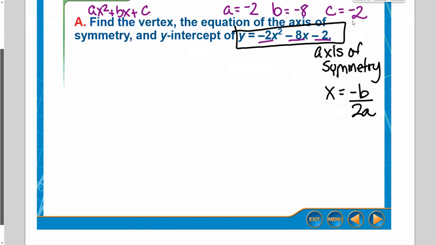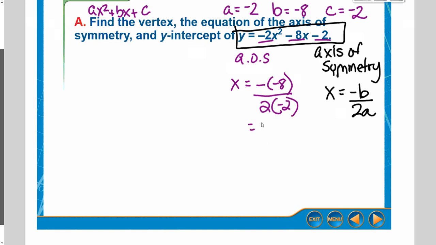So now that we know that, we can plug it in and calculate our axis of symmetry. I've got -(-8). Remember, always, if there's a negative there, you leave it there, right? And then you replace b with that -8. That's probably one of those tricky areas where people would make mistakes. And then 2 times a, so I plug in -2.